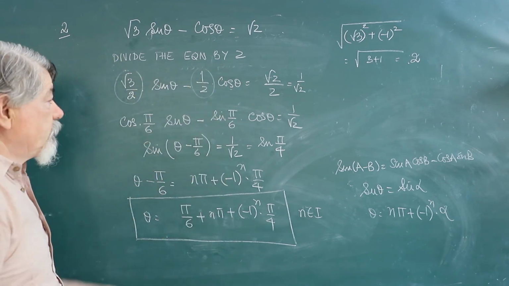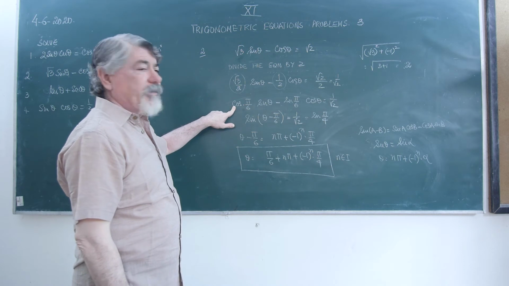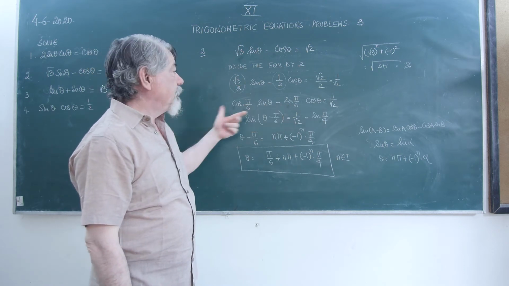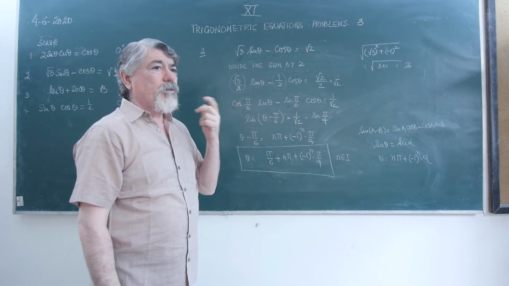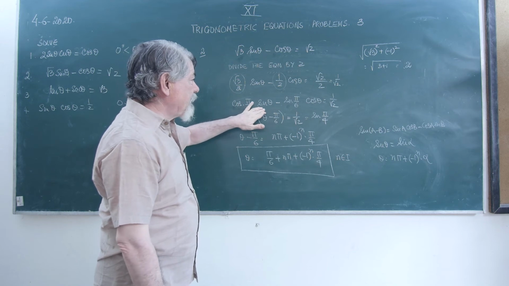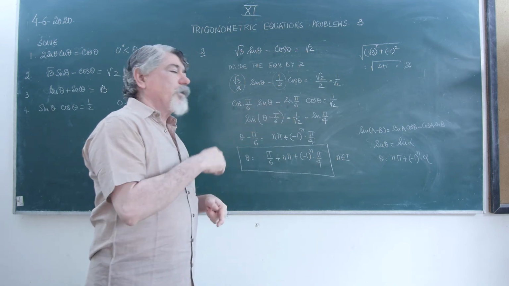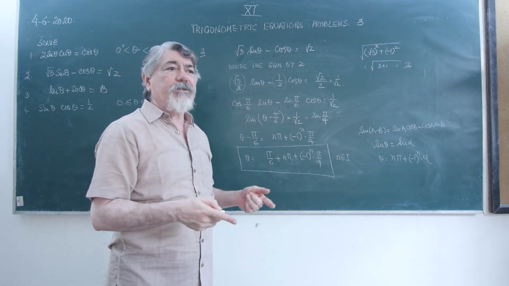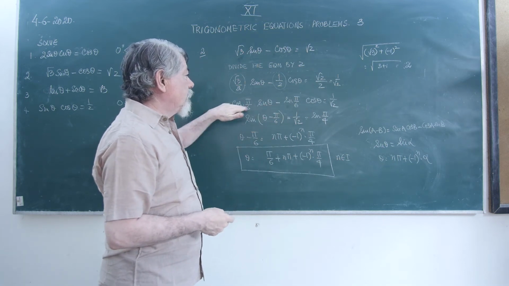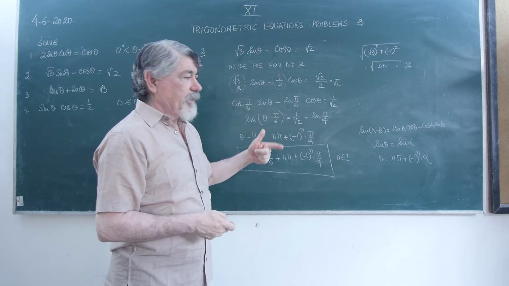Instead of sin pi by 6, I could have written sin pi by 3, and here also cos pi by 3. Then we had to apply the formula cos A cos B minus sin A sin B. But it was coming sin A sin B minus cos A cos B, so I had to take the minus sign out and then again do the problem. So avoiding that, I just did sin A cos B minus cos A sin B.